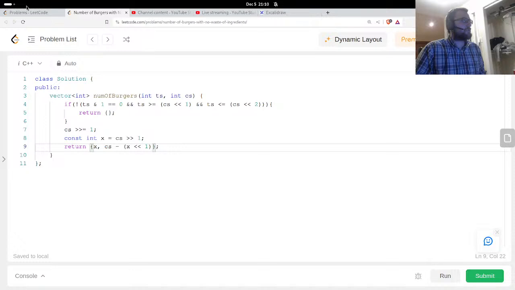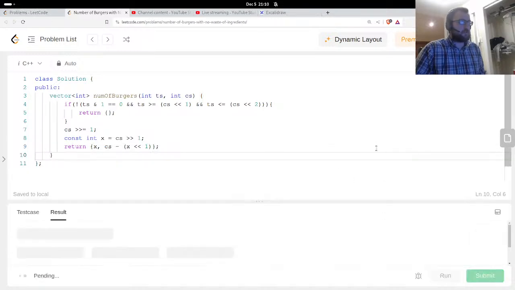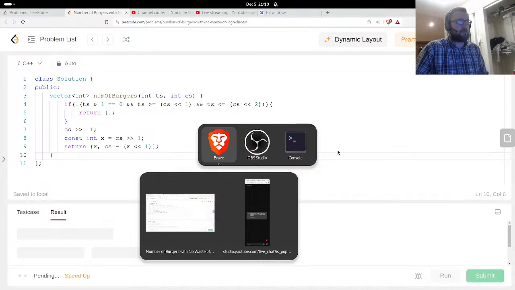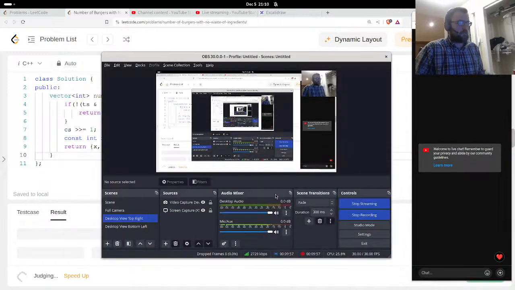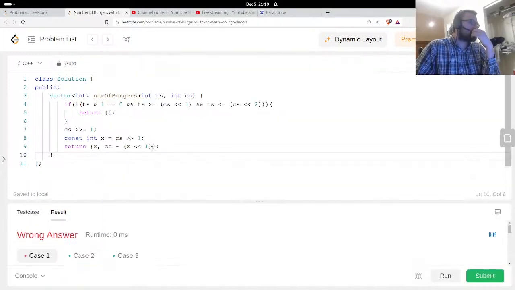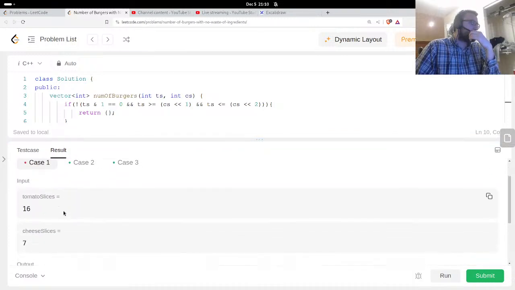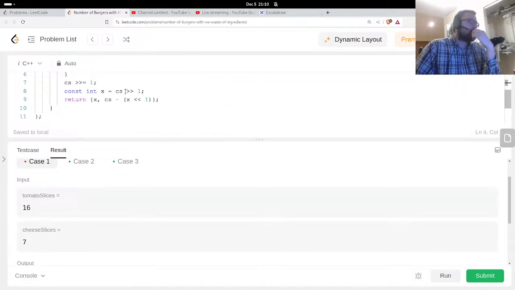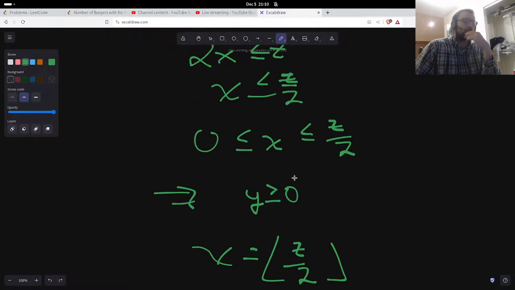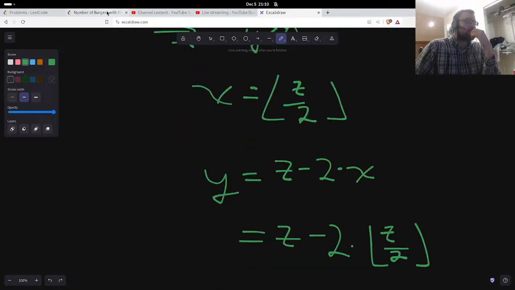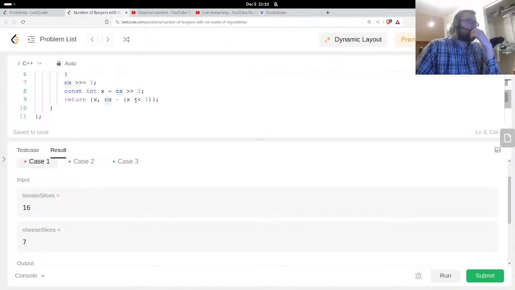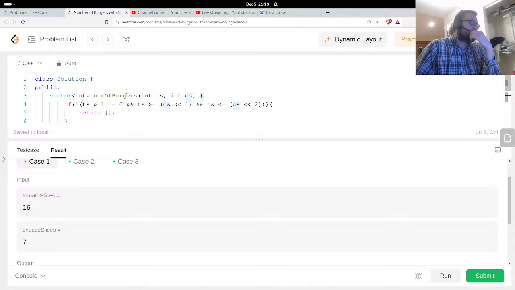That's CS. It's a little confusing, something like this. Wrong. Oh, maybe it's not. Is this supposed to be equal to cheese slices? Yeah, Z is the cheese slices.